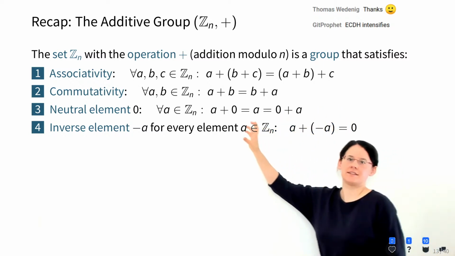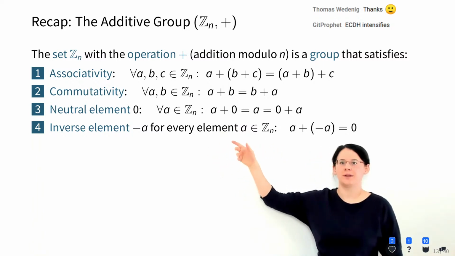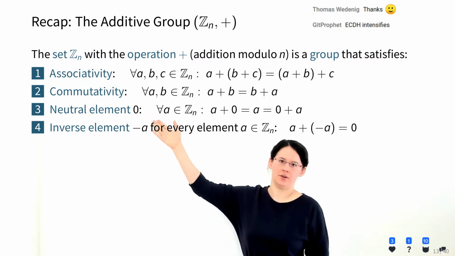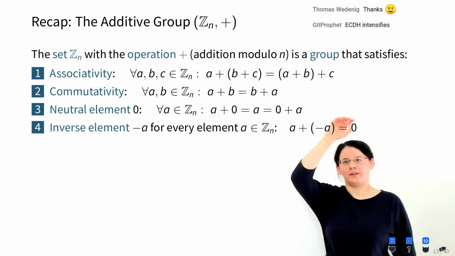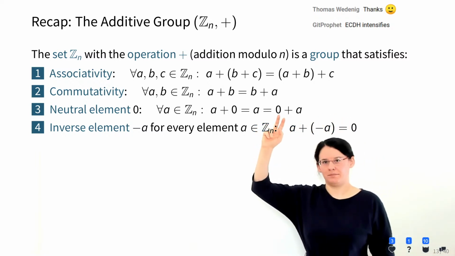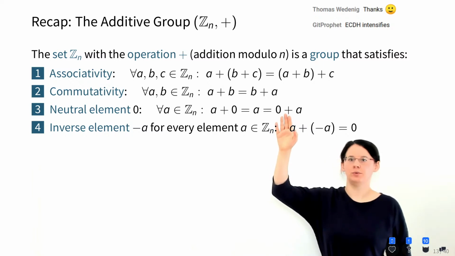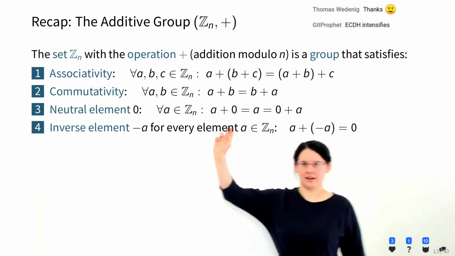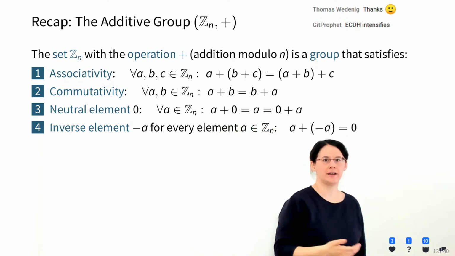The interesting thing is that we have two types of special elements. The first one is one where we have just a single one, namely in the additive case 0, and this is the neutral element. Neutral means if I apply my operation, in this case plus, to this element and any other element, the other element remains unchanged. So the neutral element does nothing when I apply the operation.